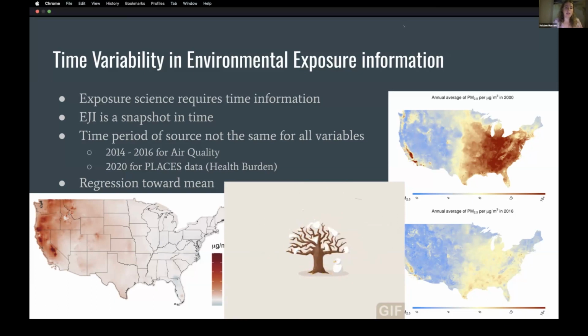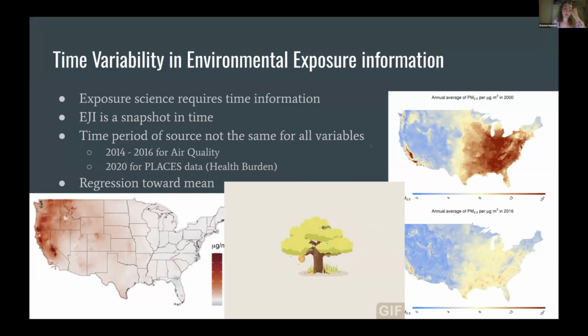And then in addition to air quality and environmental measures, the PLACES index, so the health burden information, comes from the 2020 survey after the census. So that is a concern because that module will then be linked to later time periods than we would be comfortable linking the environmental and the social information.